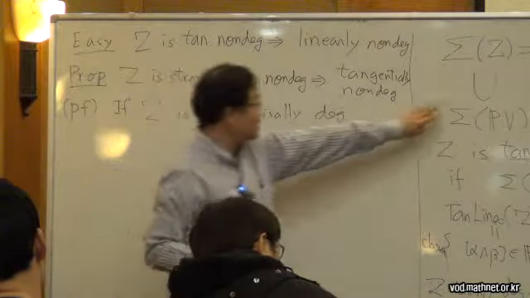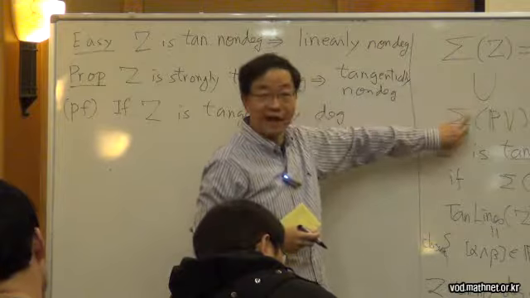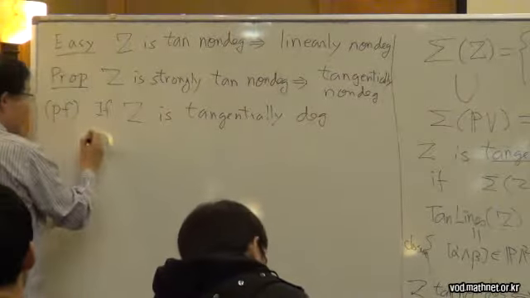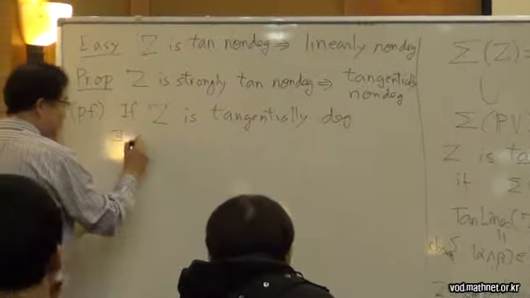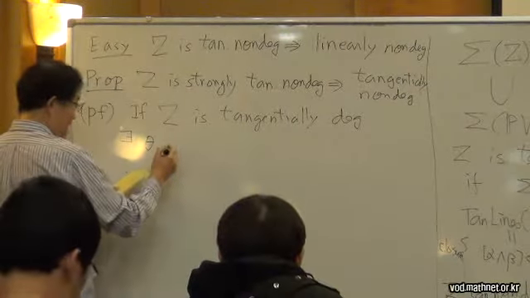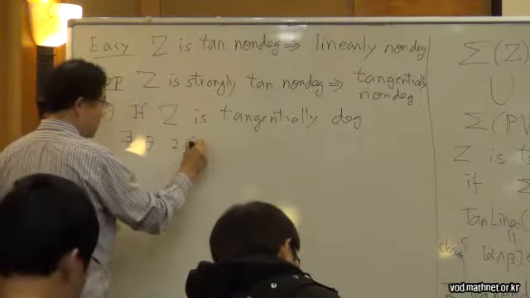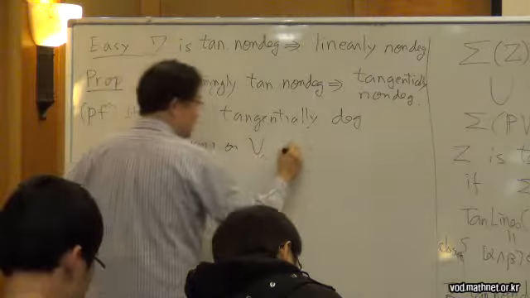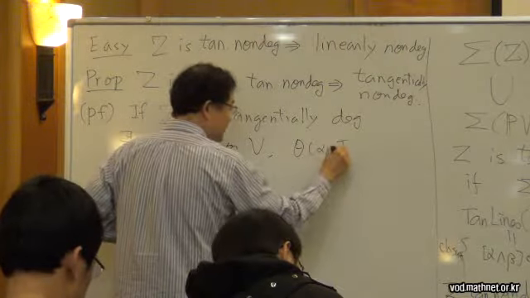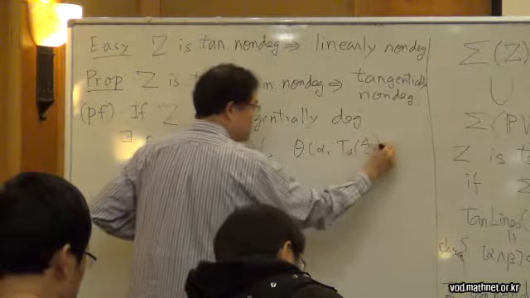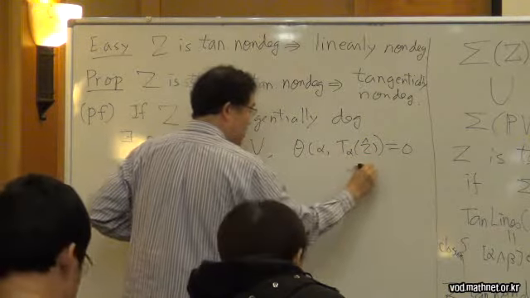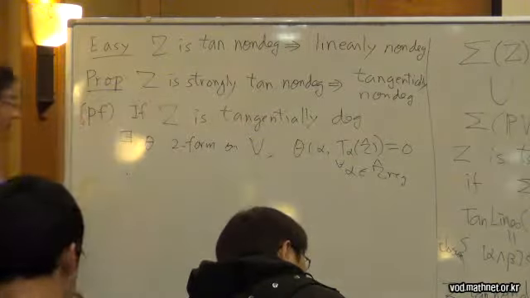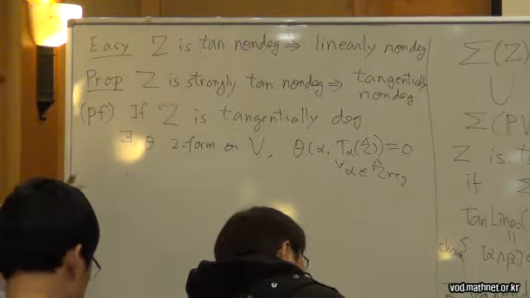It means that there's some non-zero element here, so there exists some two form theta on V, such that theta(alpha, T alpha G) is 0 for all alpha regular. Okay, that's the definition.